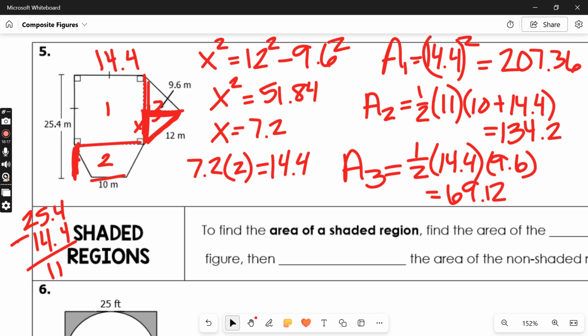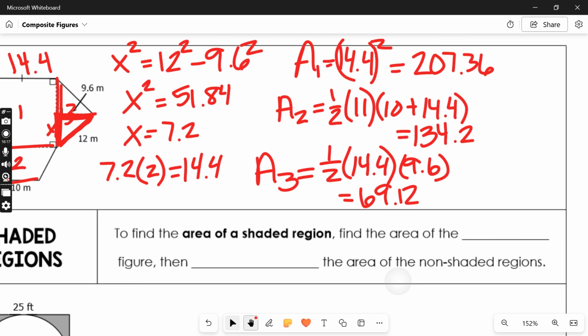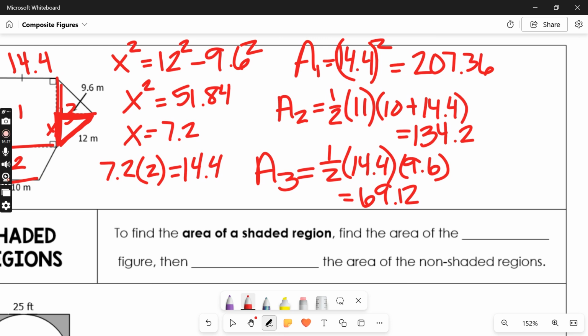And then I need to add all 3 of those together. So my total would be 207.36 plus 134.2 plus 69.12. When I add all of those together, I get 410.68.